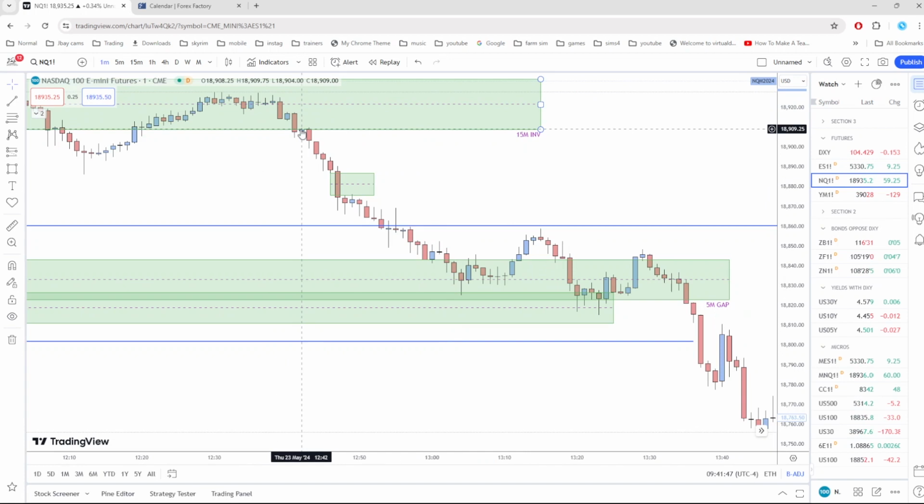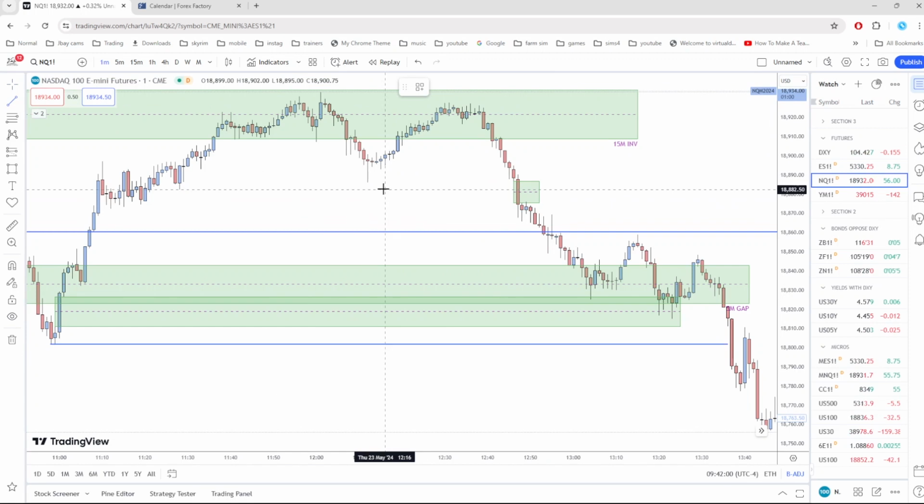We have gap right there. Gap right there. Whole bunch of down candles with gaps. Little gap over here.